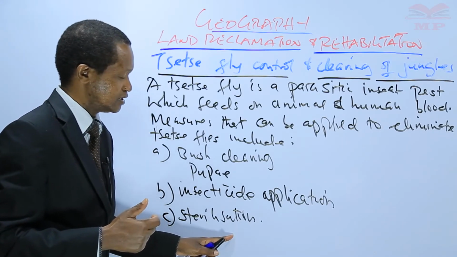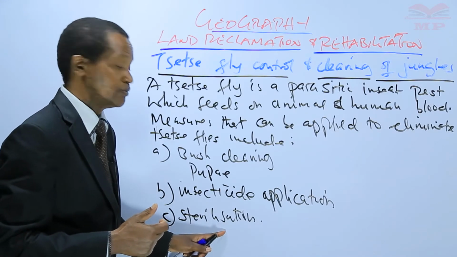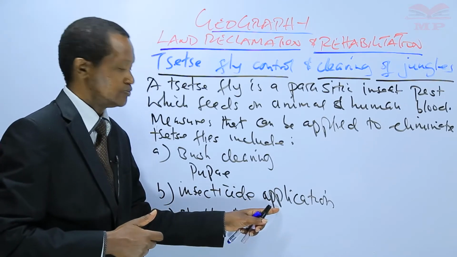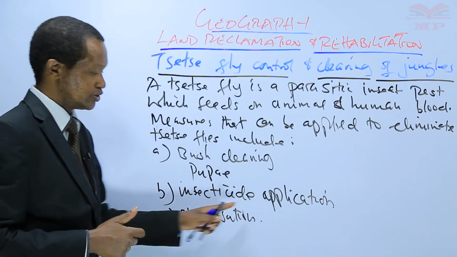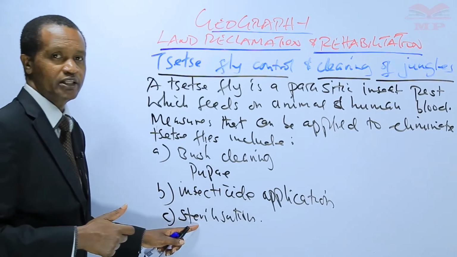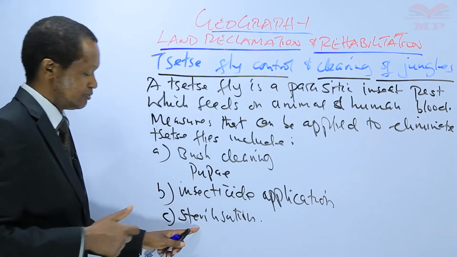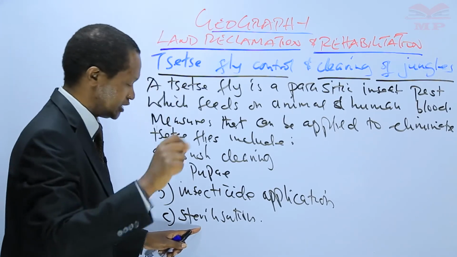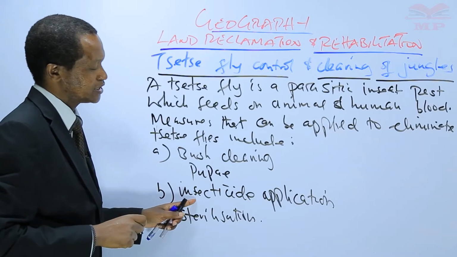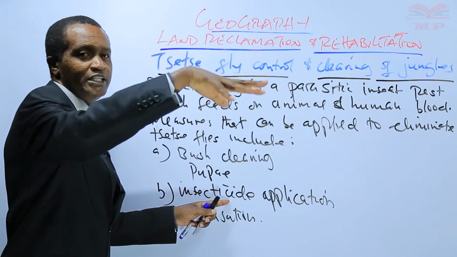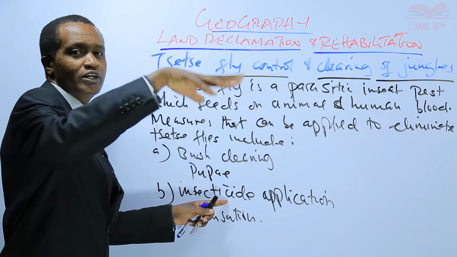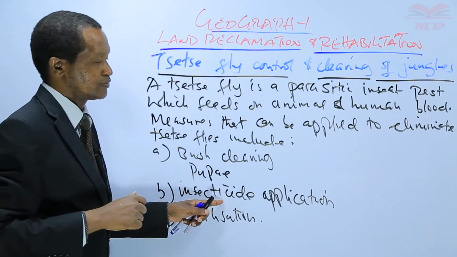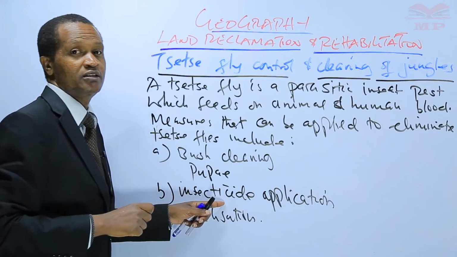So learners, this method is more effective than insecticide application because the laboratory-bred method targets tsetse flies only. But when insecticides are applied in an area, that will affect other important insects like bees, right?